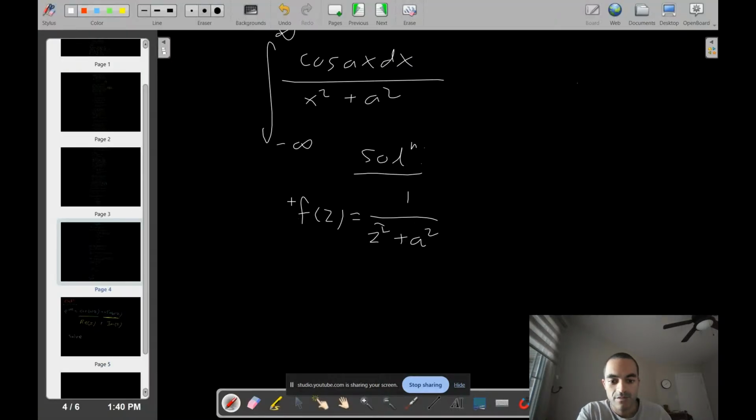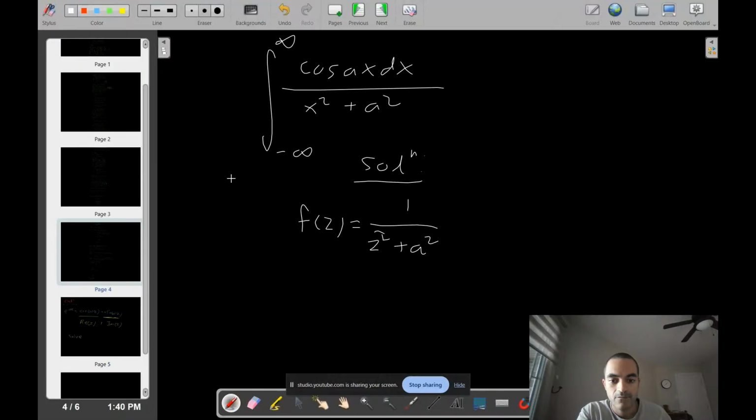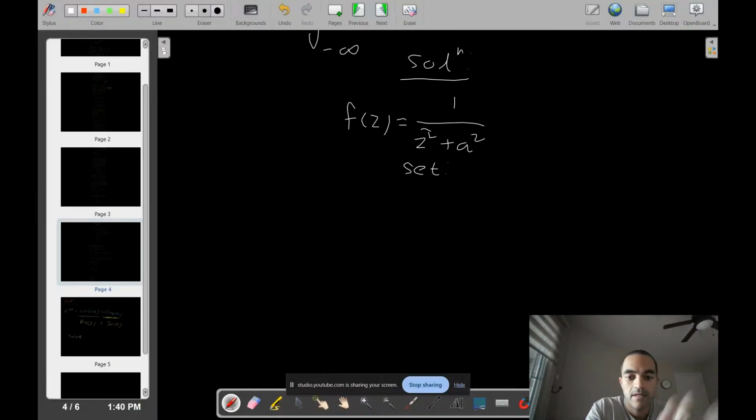So we have 1 over z squared plus a squared. Now that I have this function, take its singularity. Set z squared plus a squared equal to 0.